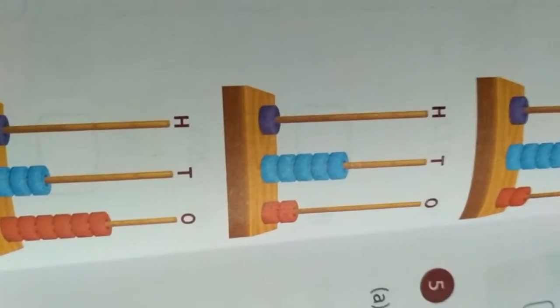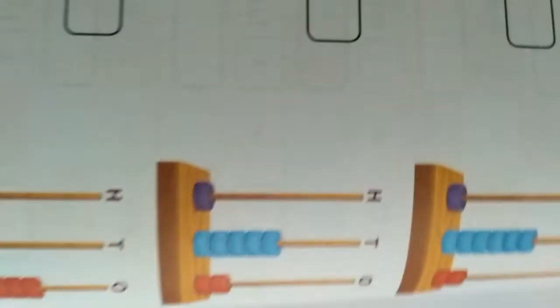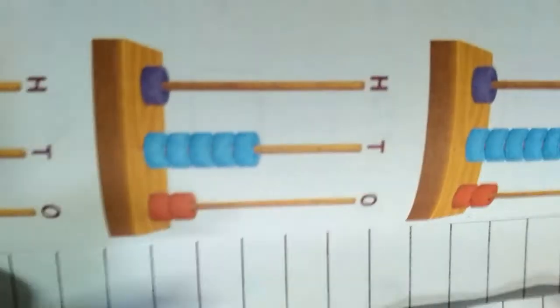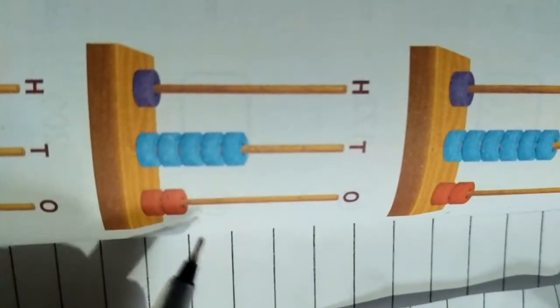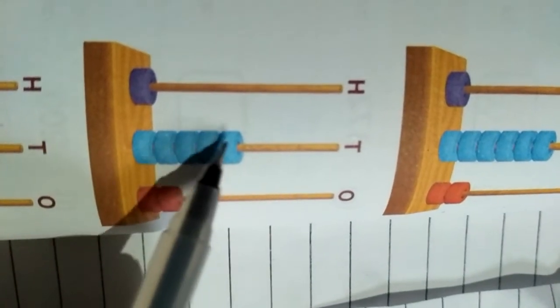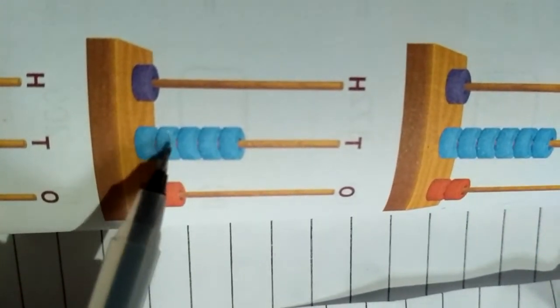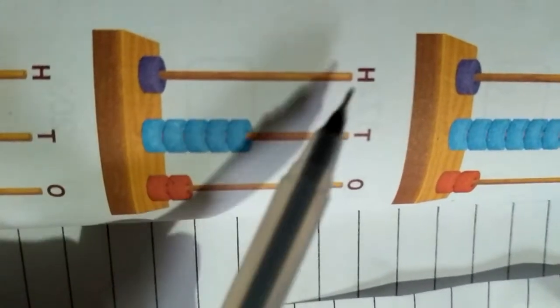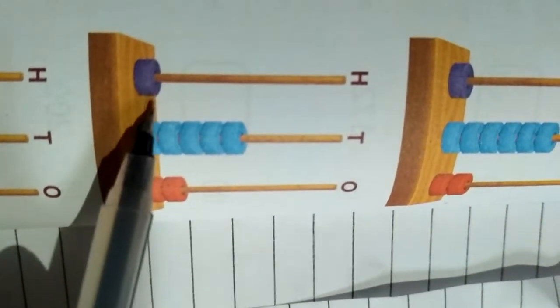One is done for you. Similarly, we do B. In this abacus, the ones place has 2 beads, the tens place has 1, 2, 3, 4, 5 beads, and the hundreds place has 1 bead.